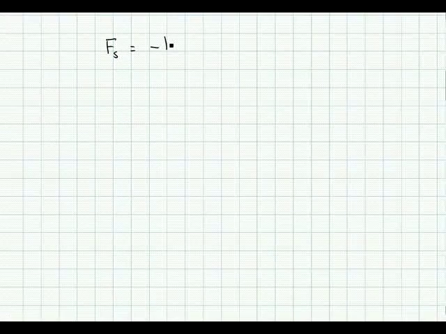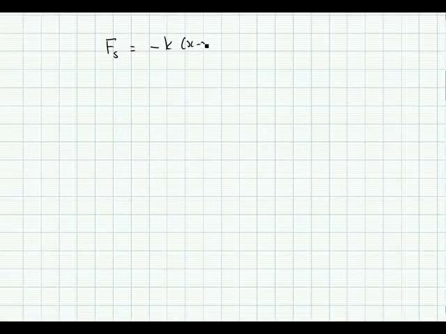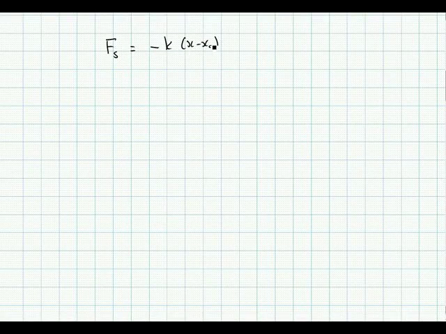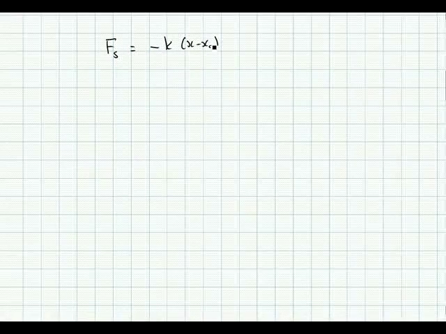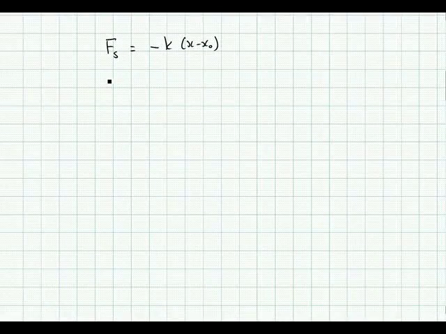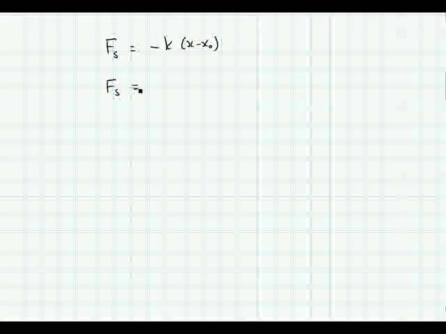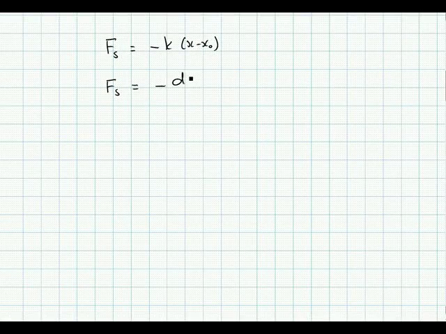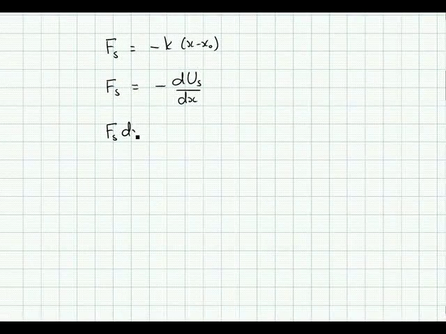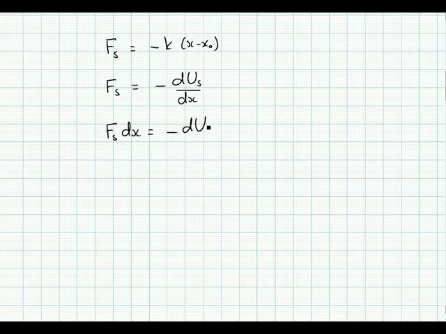Now if you look at the spring force, F spring was equal to minus k times (x minus x naught). That was Hooke's law. And now if we said that Fs is also equal to the negative of the derivative of the potential energy, so if I write this in an integrable form, I end up with this.